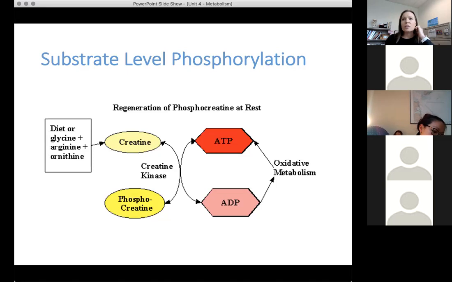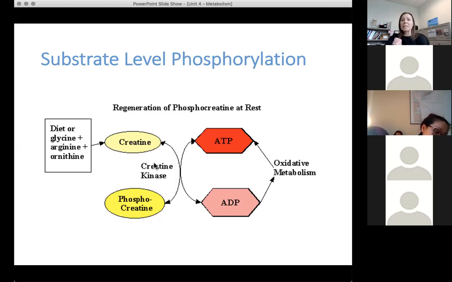Okay. So basically you're taking a phosphate group from one like random molecule, and there's certain molecules that are typically used a lot to do this, but from one molecule, and then you're giving it to ADP. When you give a phosphate group to ADP, it becomes ATP.